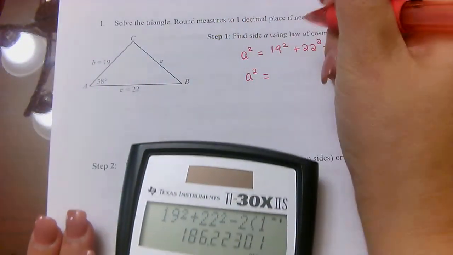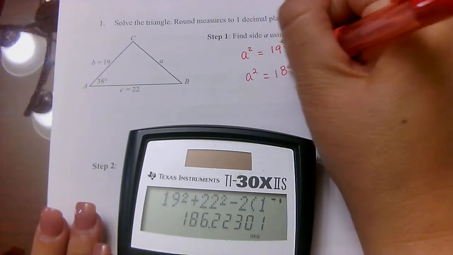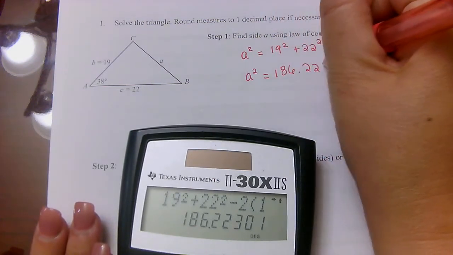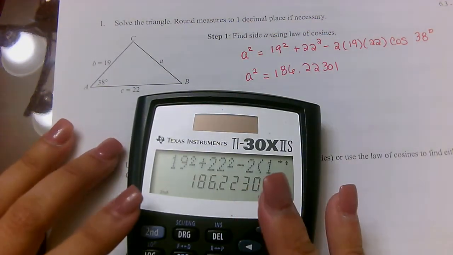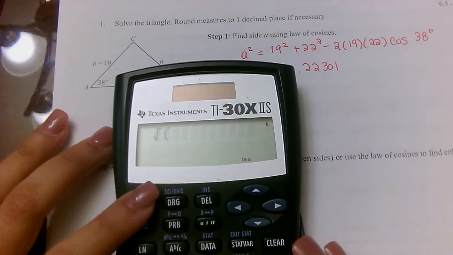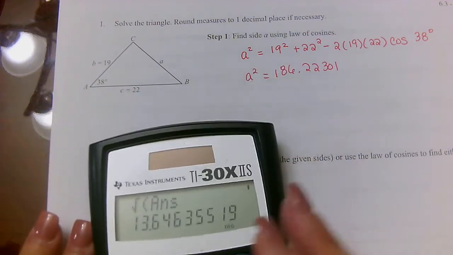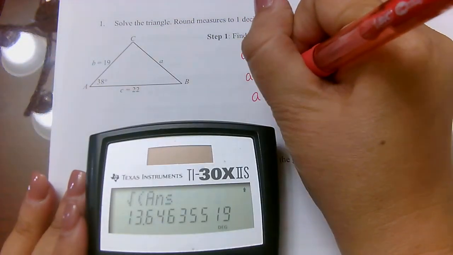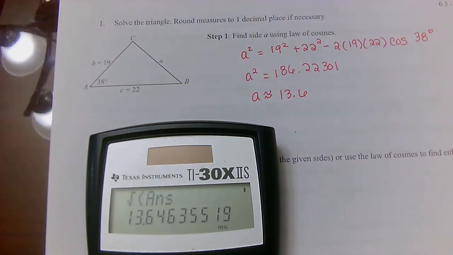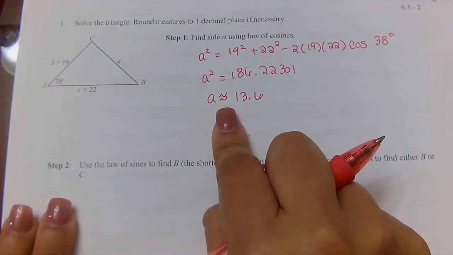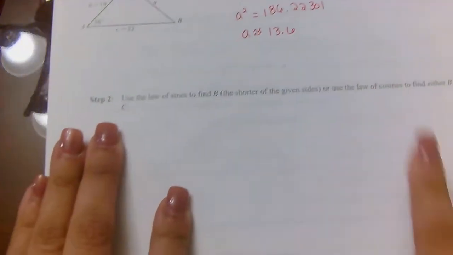A squared is equal to 186.22301. I'm going to take the square root, so second square root, and then second answer, and then I get that a is approximately 13.6. Now that I have a complete ratio, I'm going to start with that one.